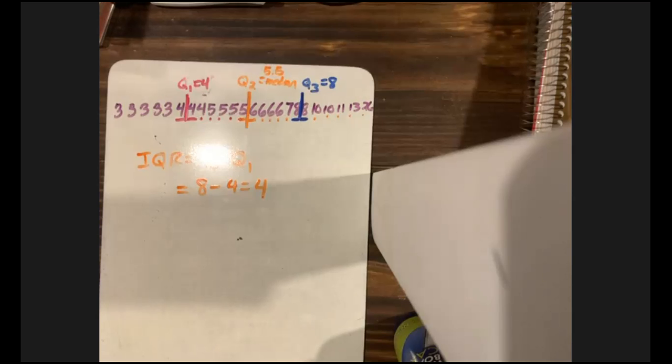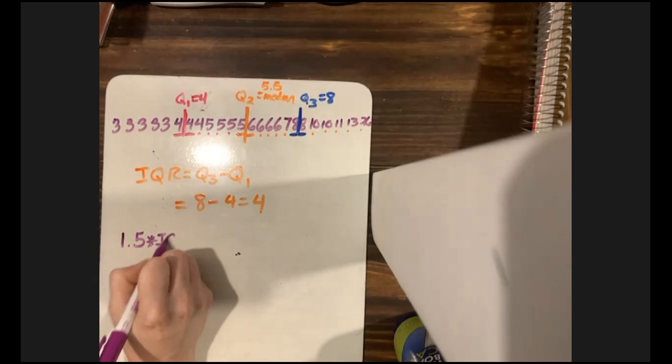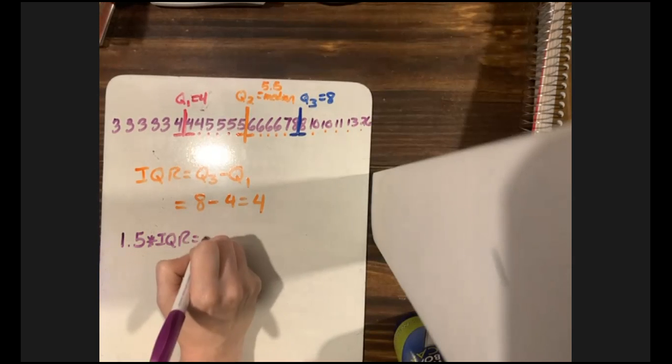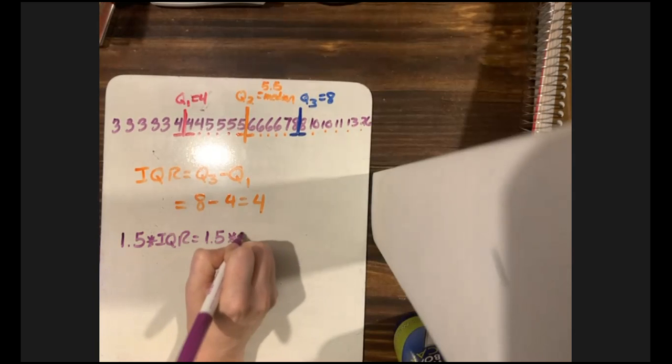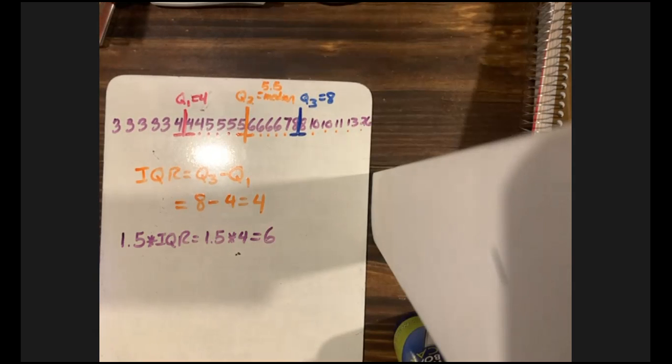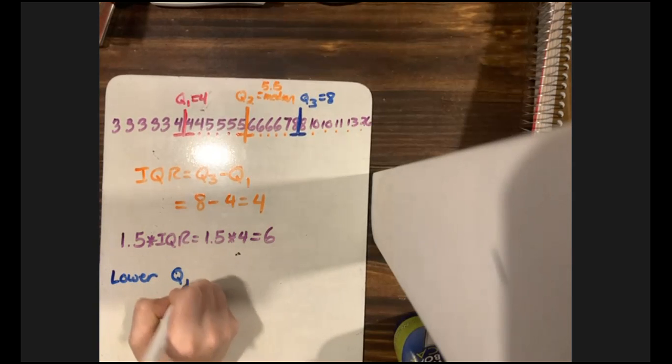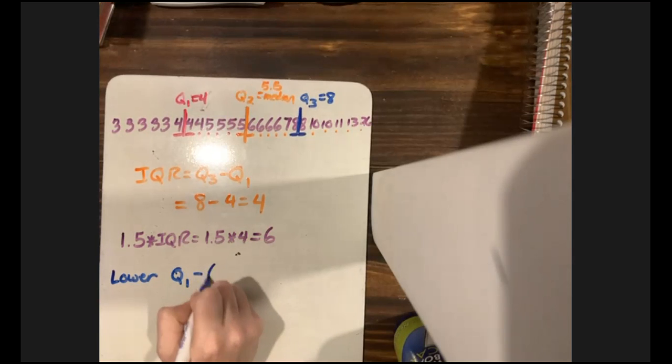The first thing we're going to do is 1.5 times that IQR, which is 1.5 times 4, which is 6. Now, in order to find my lower boundary, I'm going to do Q1 minus that 6 we just got.